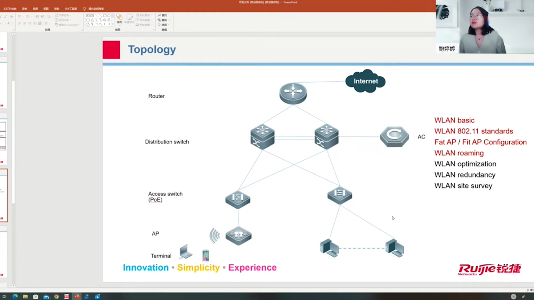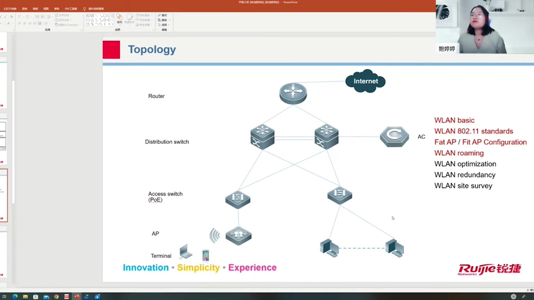So with the second topic, we will discuss redundancy, and this redundancy is only used for the AC. And of course, for the wired network, you also have to keep the network highly available, like using STP, link aggregation, and VSU. But the detail part we already discussed last week.